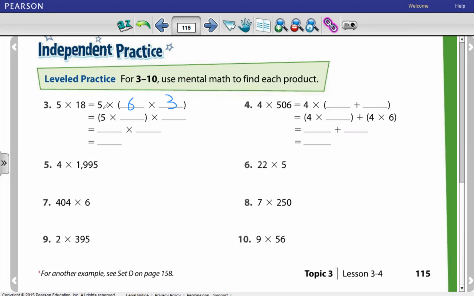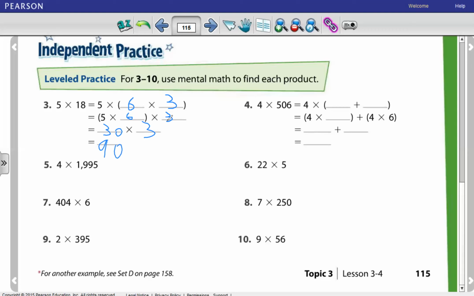Then he changed the group into 5 times the first number, which is the 6, times 3. Then 5 times 6 equals 30. 30 times 3 equals 90. So 5 times 18 equals 90.